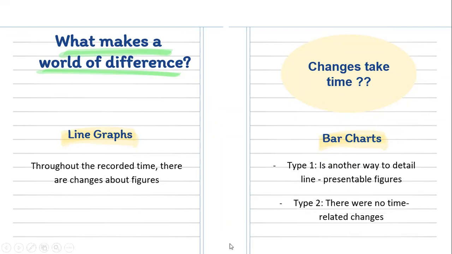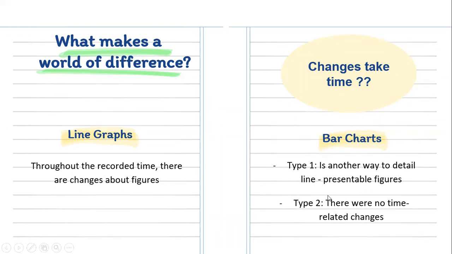But bar chart has another type, type 2, where there are no time-related changes during the recorded time. So remember, whenever you see a line, it is a line graph. And whenever you see bar charts, remember to divide them into two types and detect which type it is.